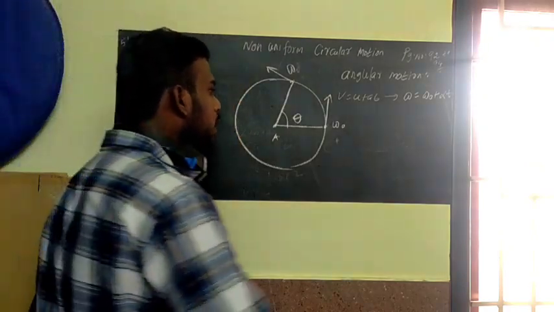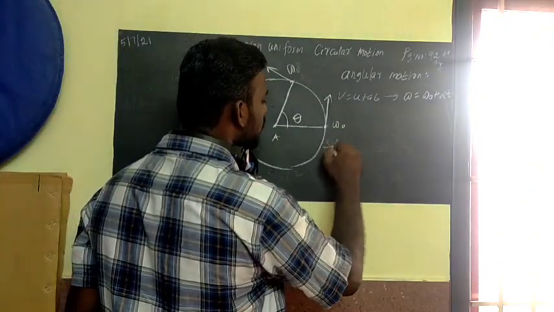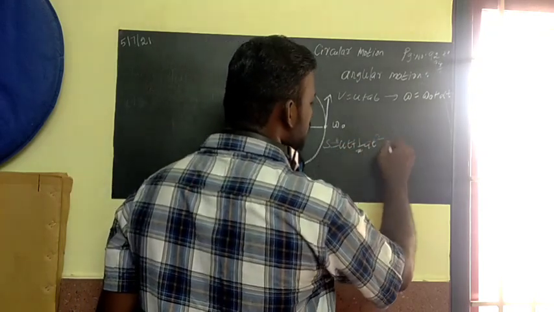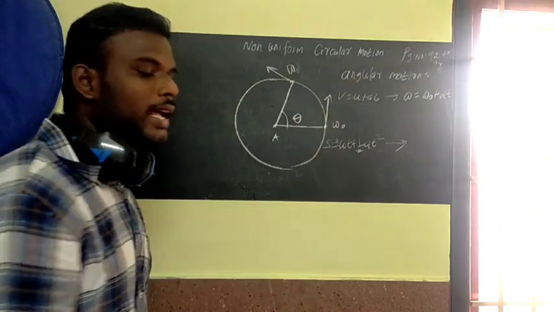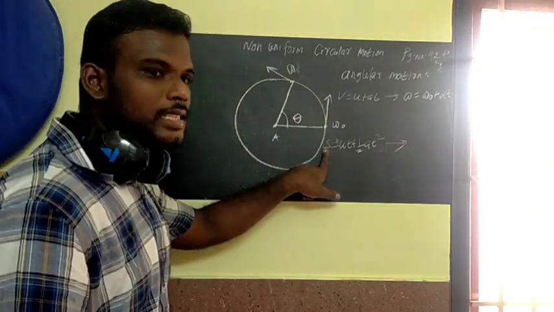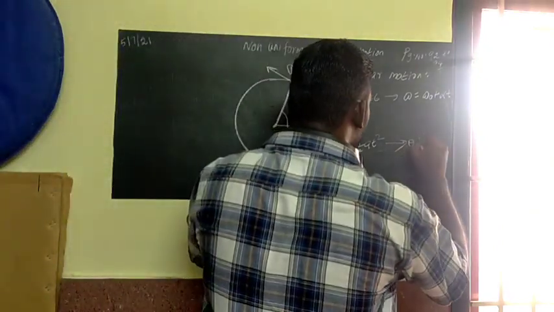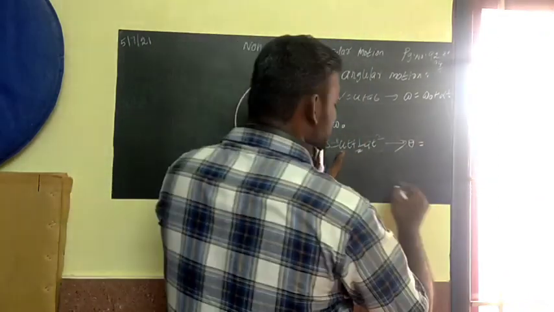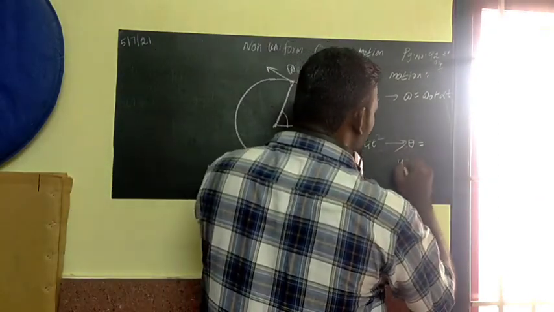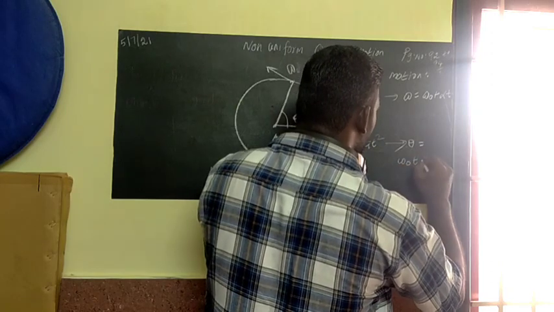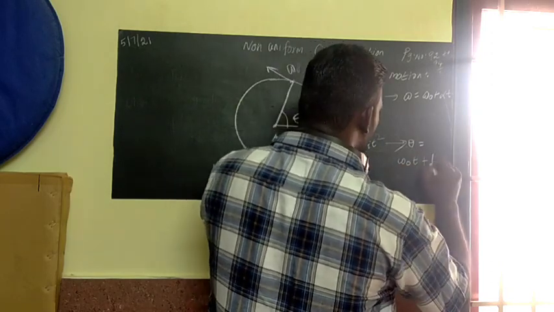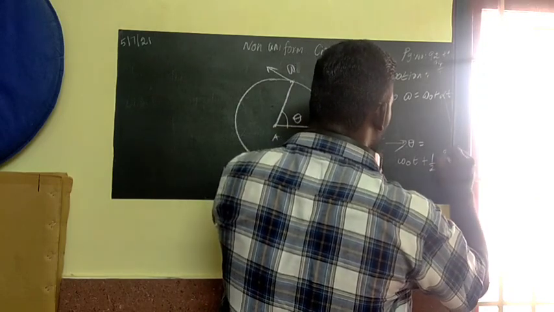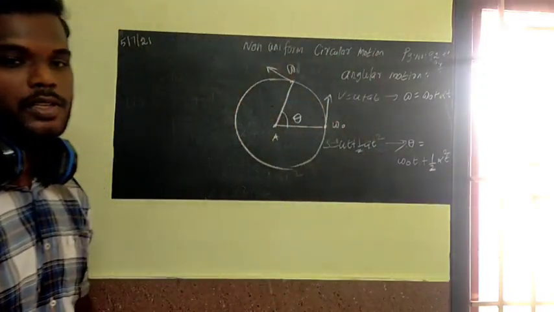Then the second equation, S equal to ut plus 1 by 2 at square, changes into theta equal to omega naught into t plus 1 by 2 alpha t square. This will be the second equation.